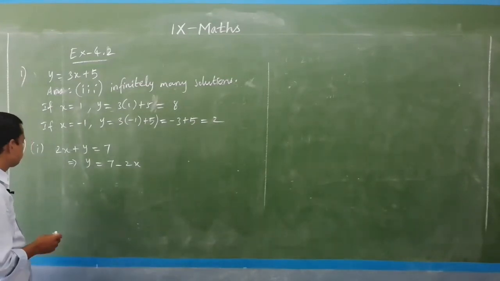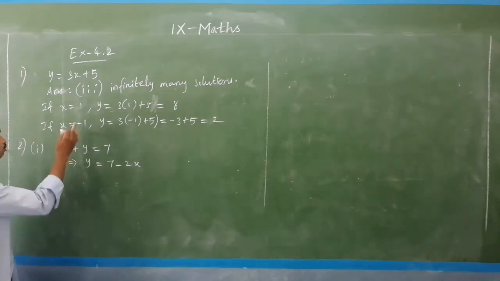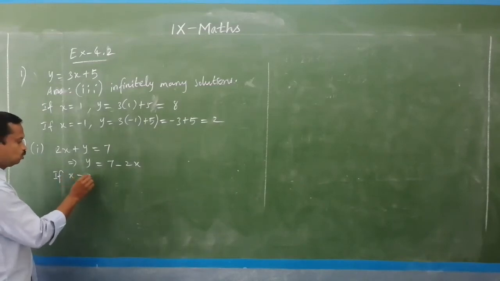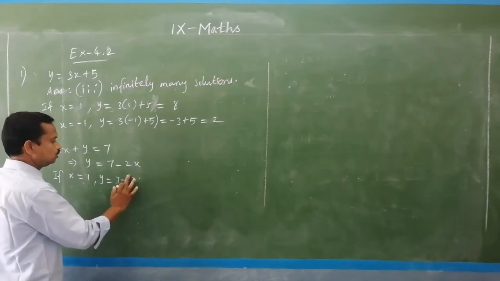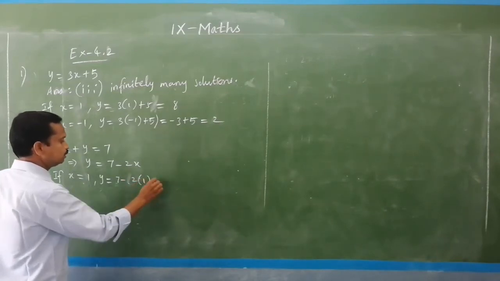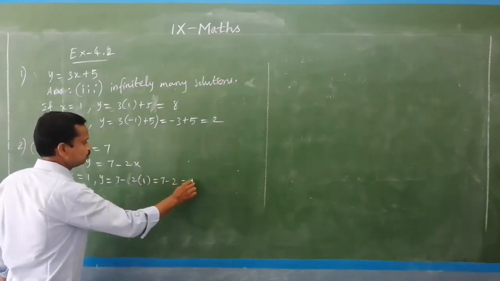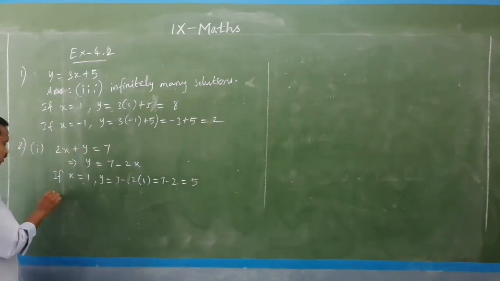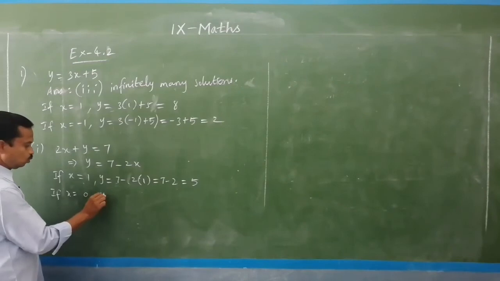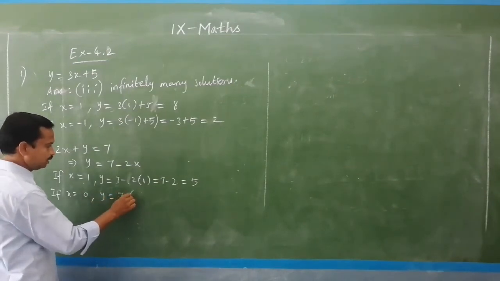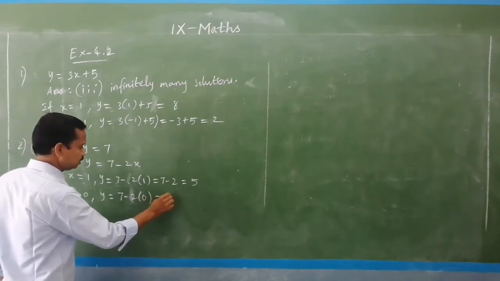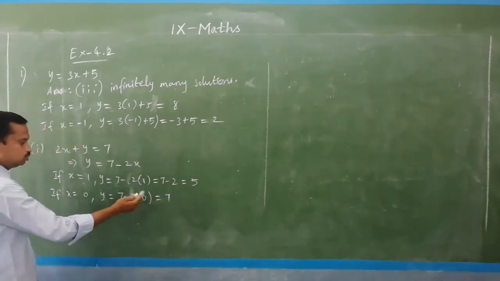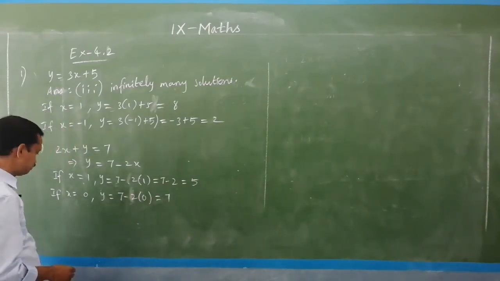As above, if x equal to 1, y equal to 7 minus 2 into 1, that is 7 minus 2 equal to 5. If x equal to 0, y equal to 7 minus 2 into 0 equal to 7. 2 into 0 is 0, so 7 only comes.